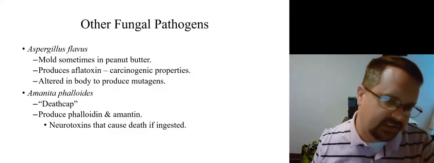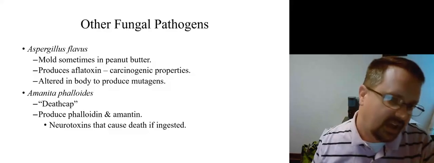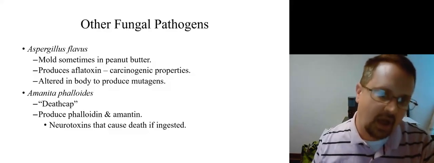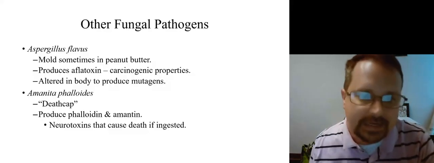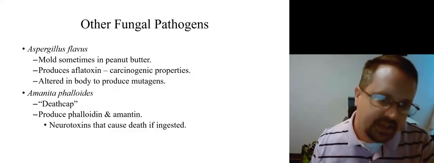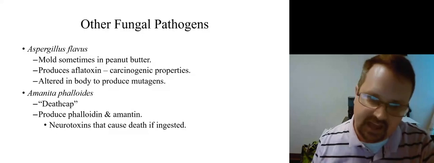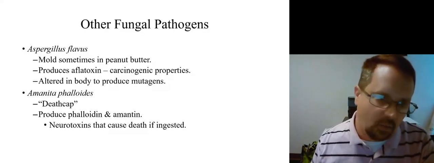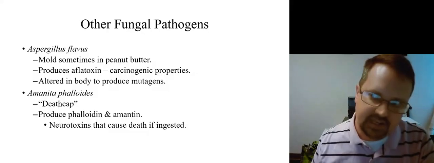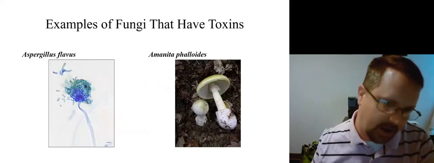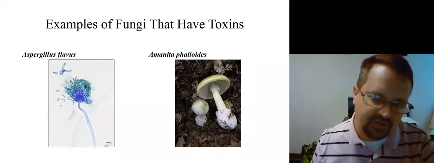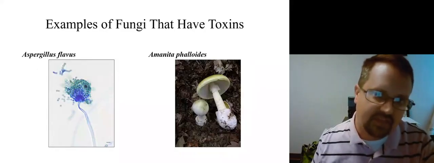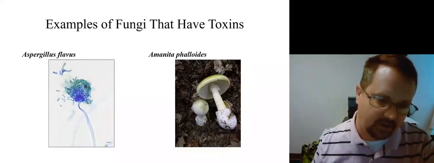Amanita phalloides, the death cap, produces phalloidin and amanitin. Okay, that's a toxin that affects our autonomic nervous system. If we ingest it, it can kill you. One that's really badly neurotoxic is also found in Amanita muscaria. That makes you feel like you're getting big, and we think that's to blame for Santa and his reindeer.